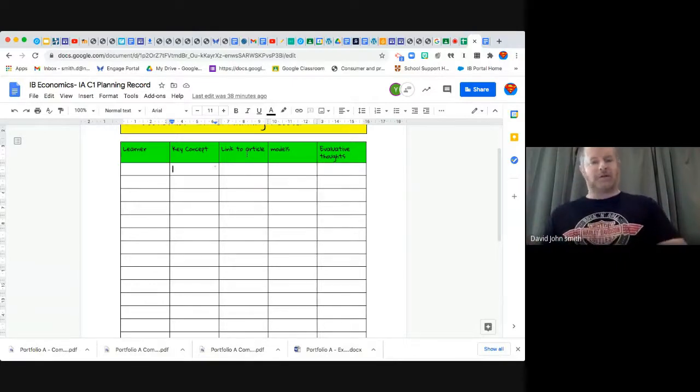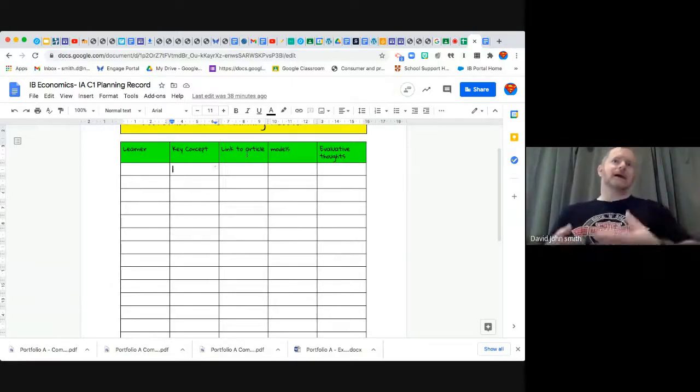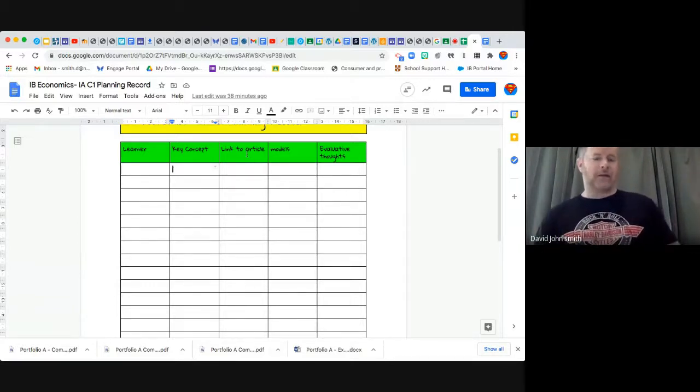I want you to find an article about essentially anything in the microeconomic unit. We're looking at supply and demand and government intervention, so anything along those lines. You find that, and then you see what concept relates to that particular article, and you can put that in there.